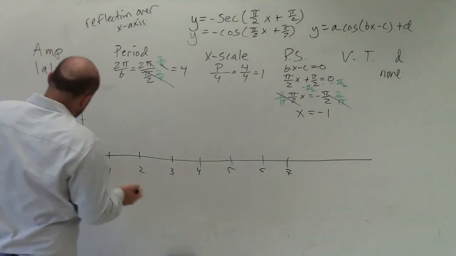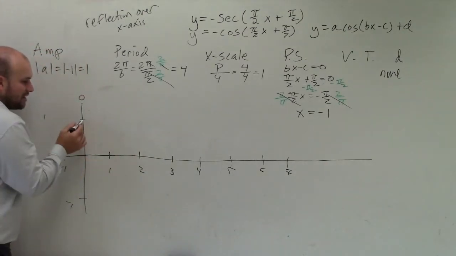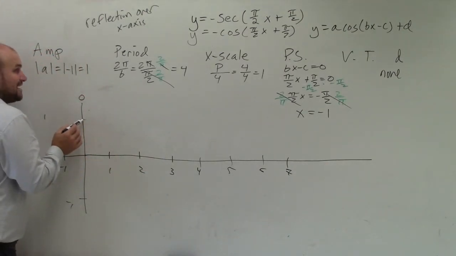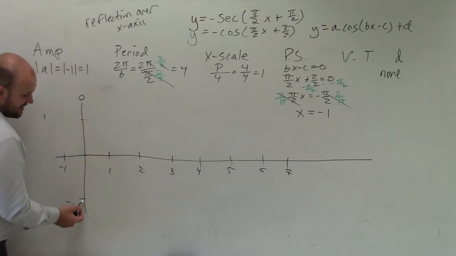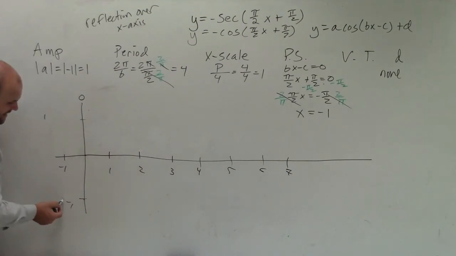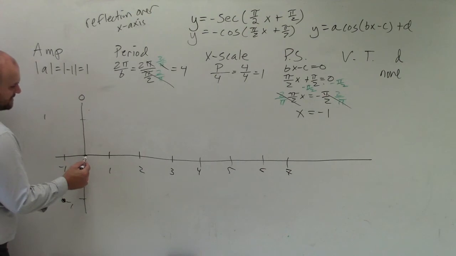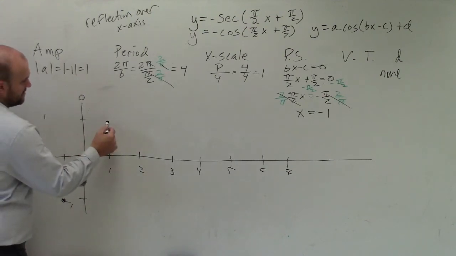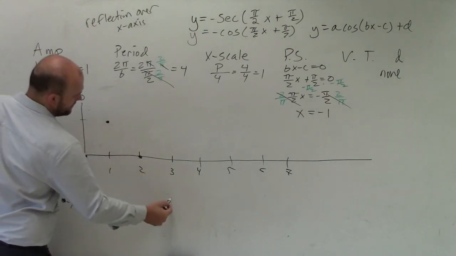So in the parent graph, we typically started at 0 and we started up at 1, right? Well, since we're reflecting over the x-axis, we're going to now start at -1. And then, since we have a phase shift, we're going to start at -1 on the x-axis. So then the next point would be at 0. Next point would be the maximum, minimum.